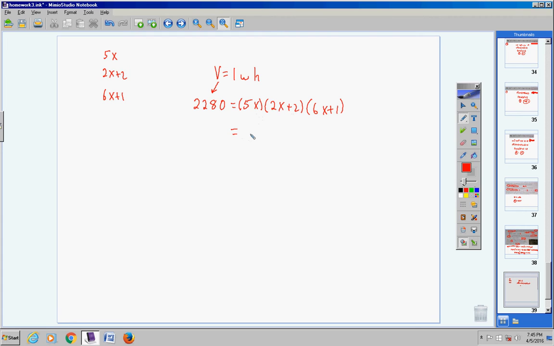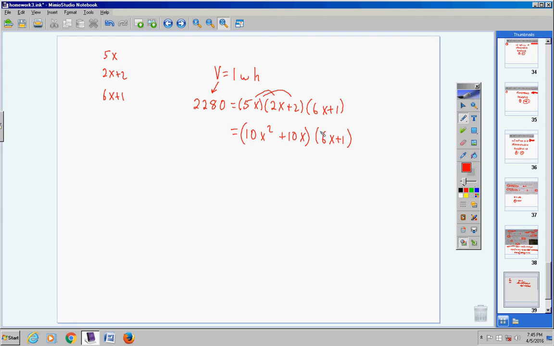So 5x times this parentheses would be 10x squared plus 10x. Now keep parentheses around that because it's this whole thing times this right here. 5x times 2x, 10x squared. 5x times 2, 10x.